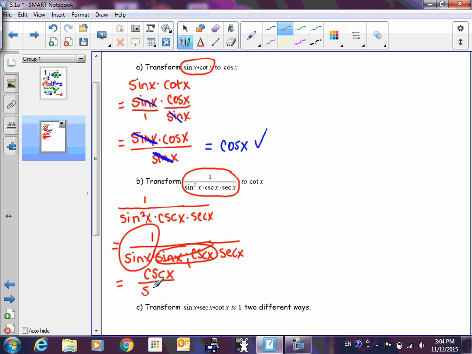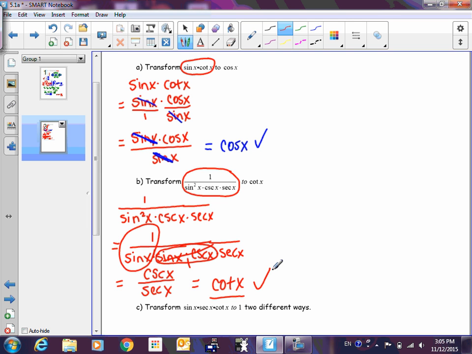And I'm leaving secant in the denominator where it was. I'm not moving that yet. Okay. Cosecant x over secant x. That's an identity. See if you can find it on the front. Cotangent? It is cotangent. And isn't that what I was trying to prove? Yeah. So I underline, I'm like, good, I did it.